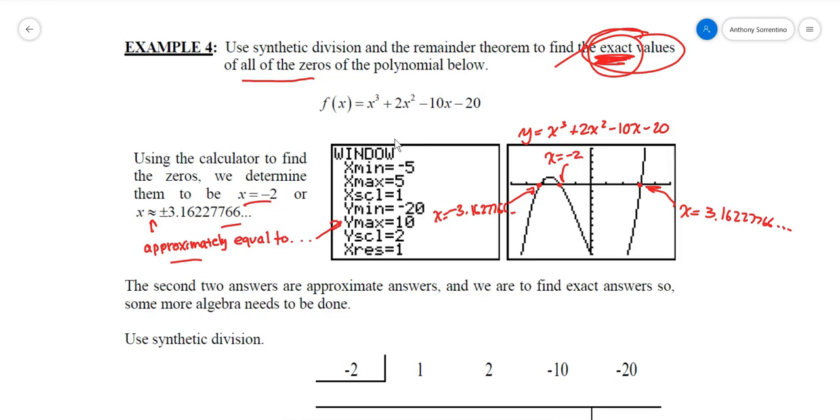And the only way I'm going to be able to do that is to break this down and try to solve this situation. So I am solving a situation where this is set equal to 0. I know from this that x equals -2 is a 0, which implies that x minus -2, which of course is the same thing as x plus 2, is a factor.